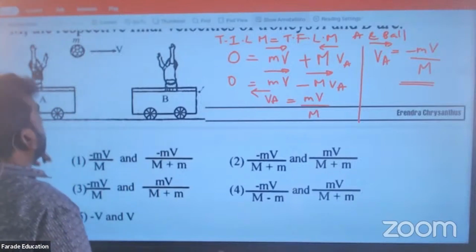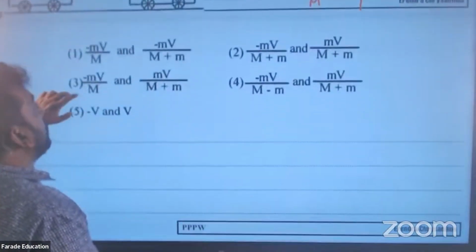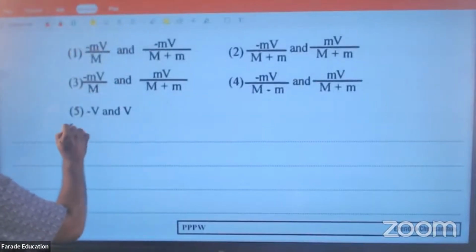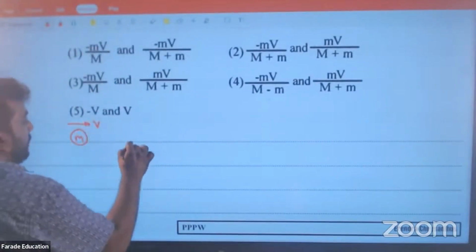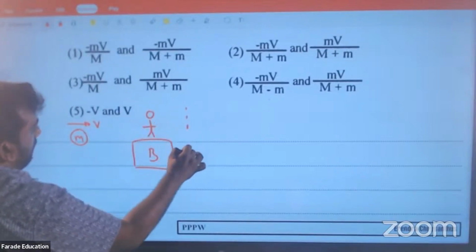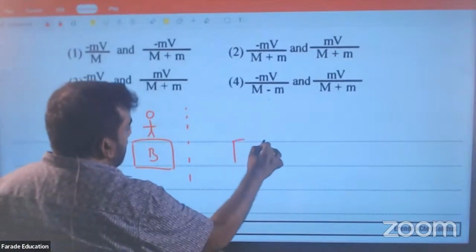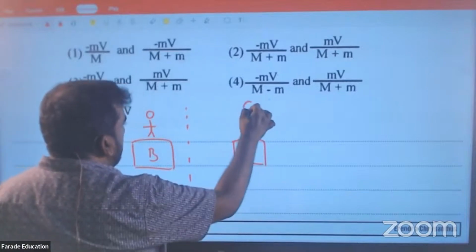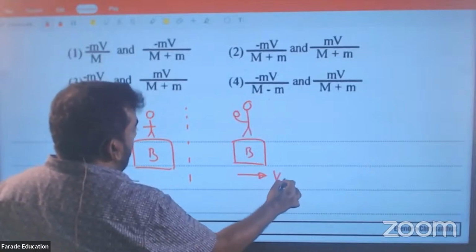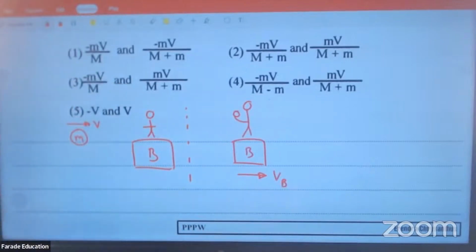Now what's happening? B is waiting to catch this. The ball is traveling in air with velocity V. When B catches the ball, both of them travel together with a common velocity.